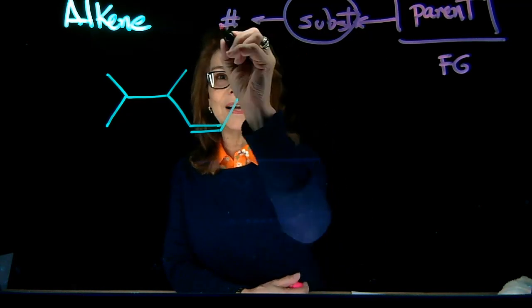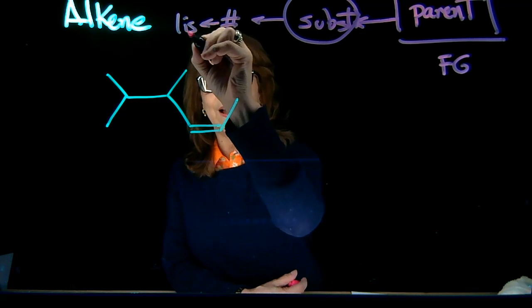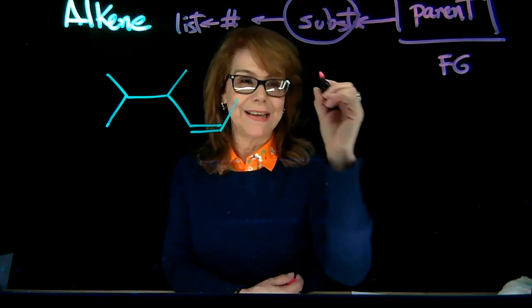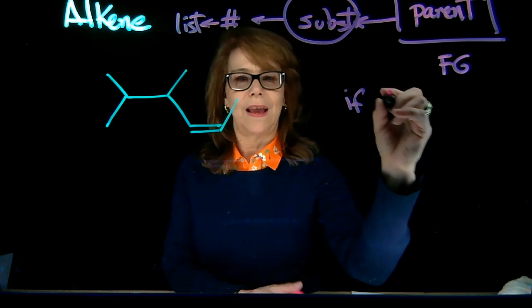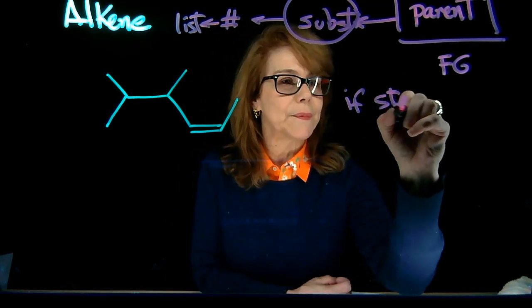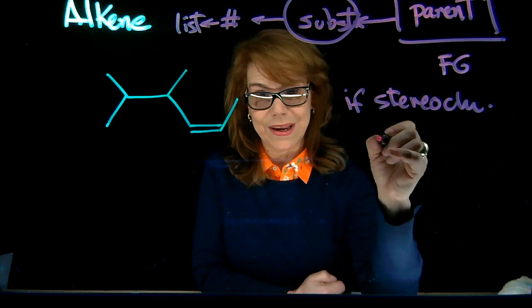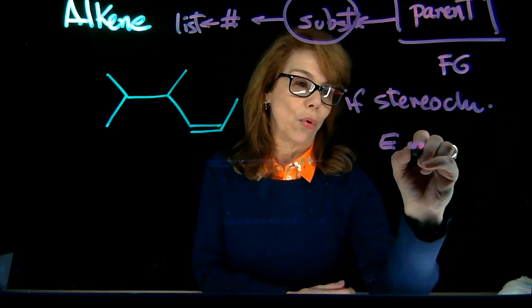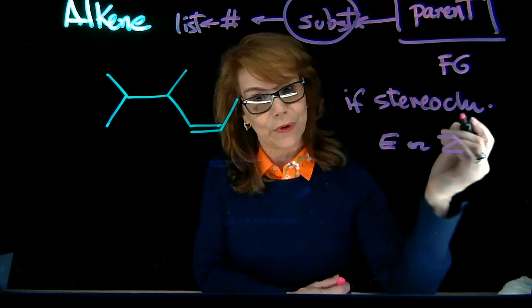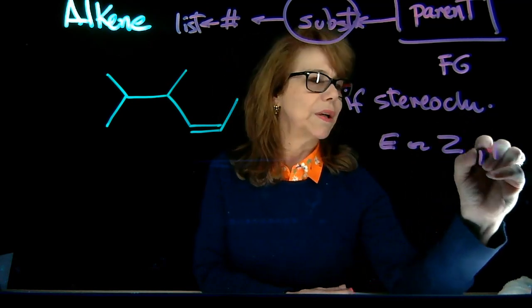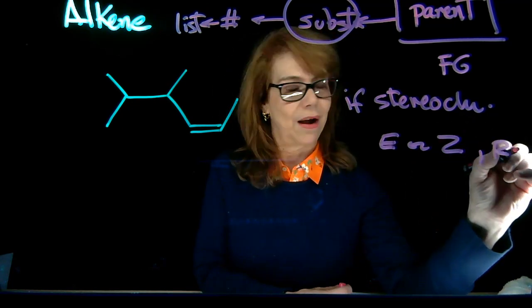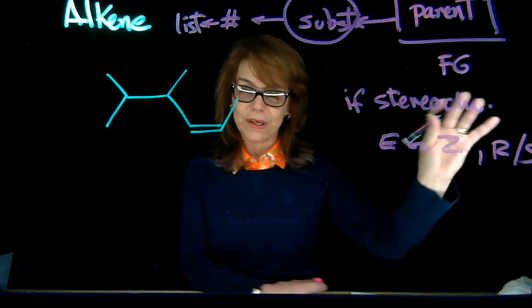After we do that, we list alphabetically. And if there is stereochemistry, we need to specify whether we have E or Z in the alkene. If we have chiral centers, we need to specify whether we have R or S. So we need to have all those elements.